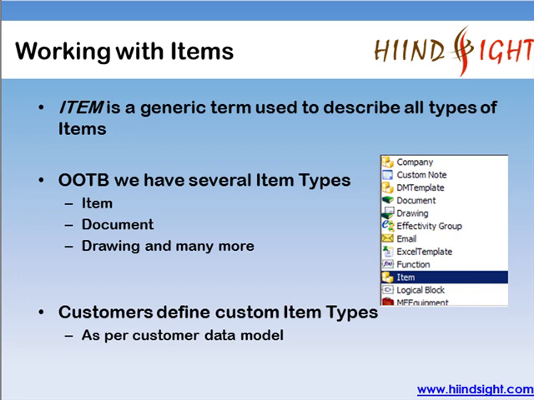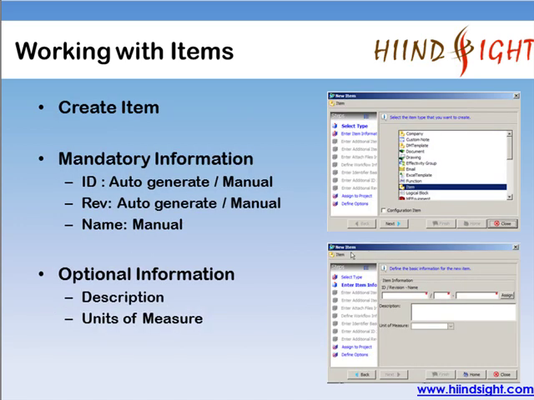For example, you can see on the screen, it can be just a normal item, or a document, or a drawing, or a company, or email. Even an Excel template can be an item. Apart from this, customers can always customize and configure the Teamcenter system and add more custom item types to meet customer business processes. Let's start working with our first item.